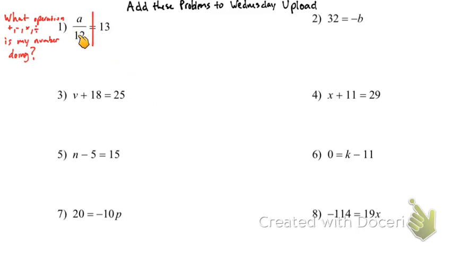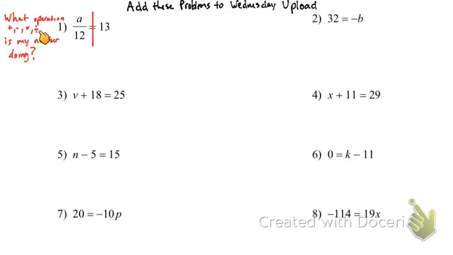We know we have to get rid of the 12 to get A all by itself on the left side of the equal sign. So you have to look at this and decide which one of these things 12 is doing. And the answer is 12 is actually dividing, okay?